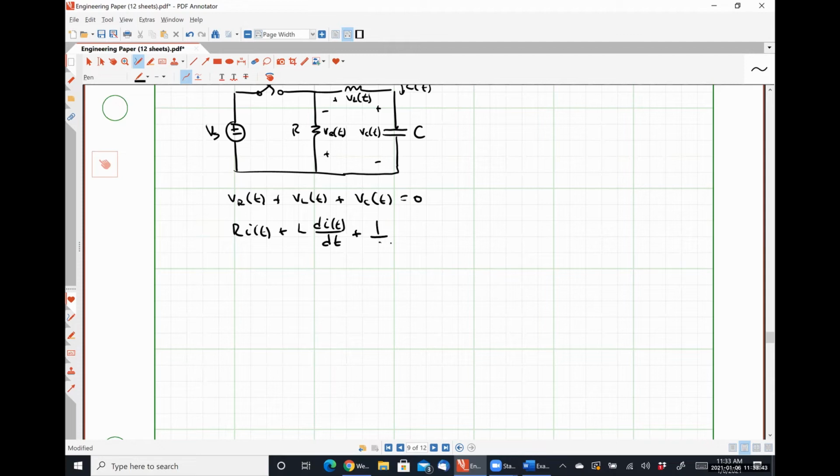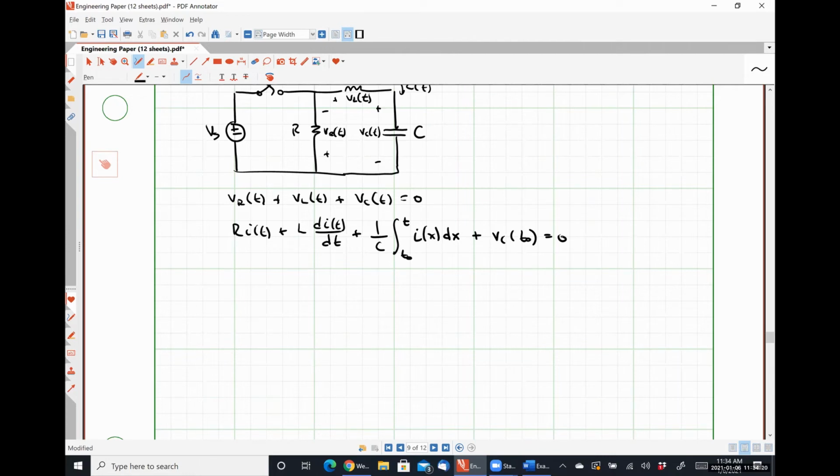plus 1 over C integral from t naught to t of I of x dx plus VC at t naught, sorry, is equal to 0. Integrate the differential equation. Again, we take the derivative with respect to time on both sides, and we're going to divide both sides by the coefficient of our first derivative term.